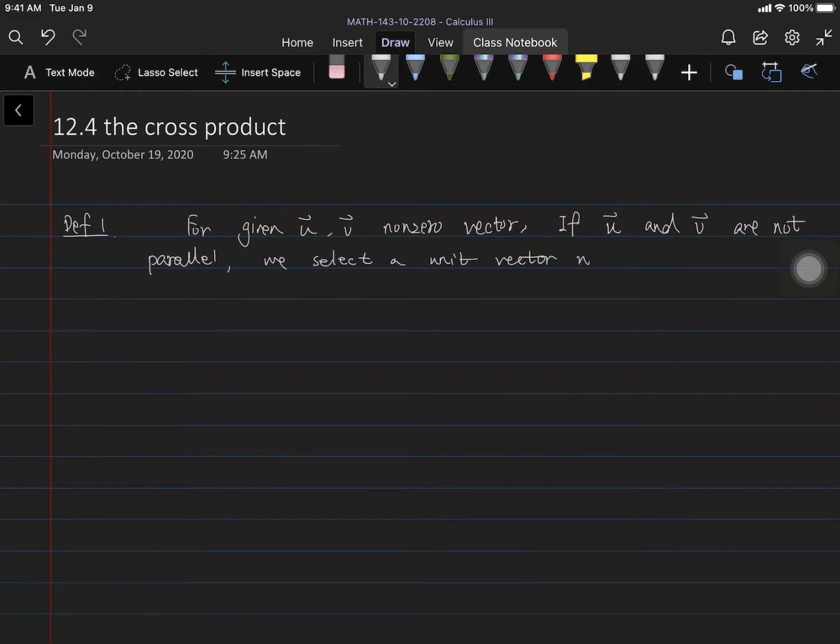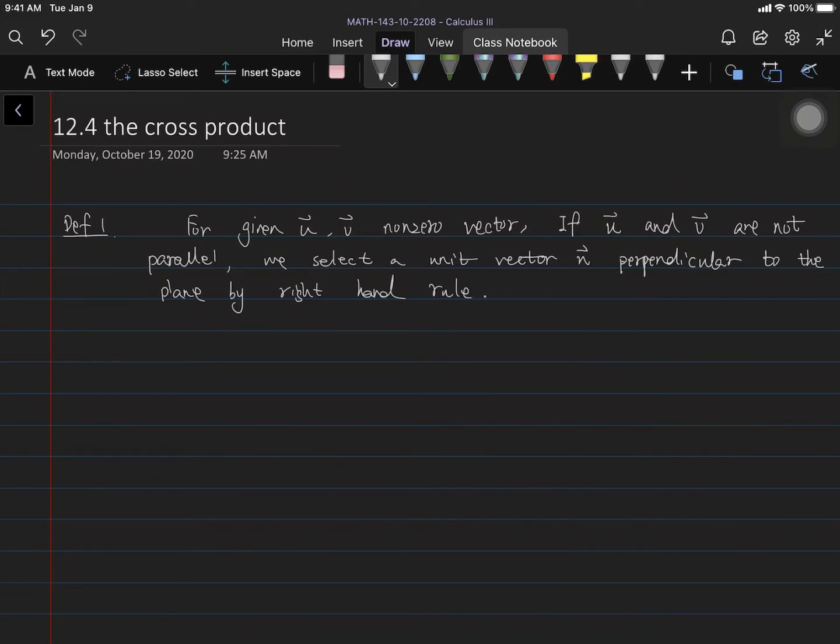Unit vector means the length is 1, right? And it is perpendicular to the plane created by u and v, by the right-hand rule.